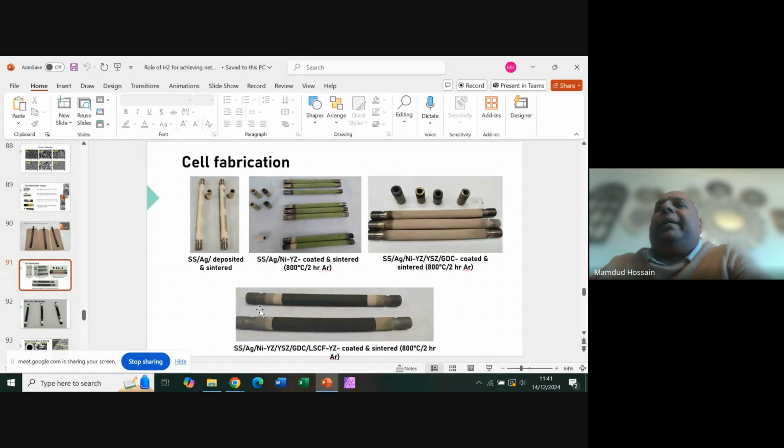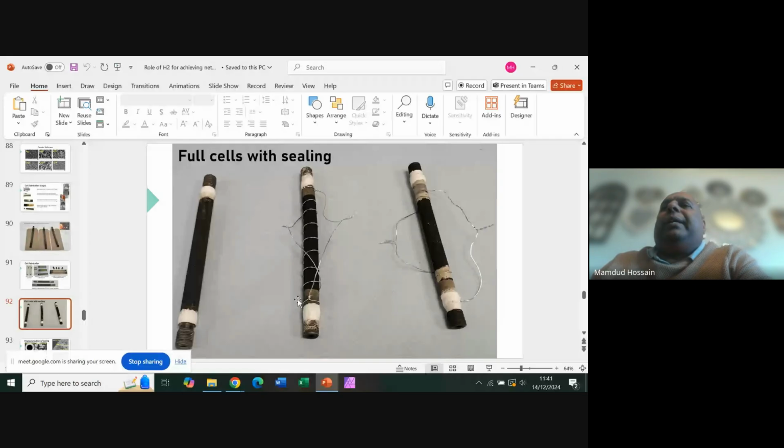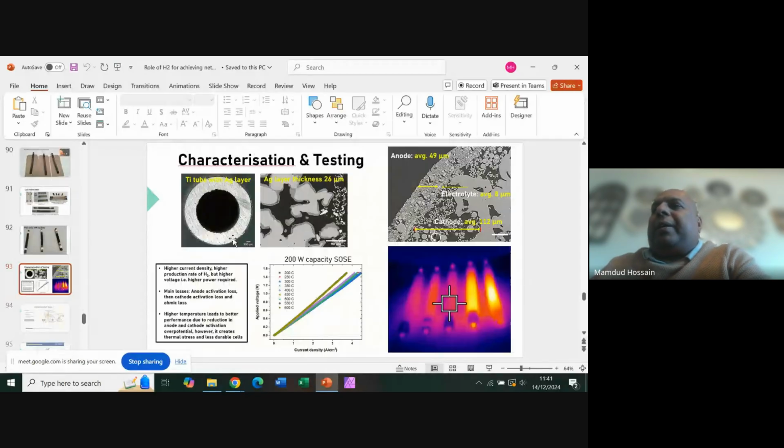So we have the exposed area here: anode, electrolyte, cathode. On that tube, we now need to put electrical connections, as we pass some DC voltage. Both ends are exposed. We have the cathode area exposed, and we connected it with a wire, and this surface is anode, and we connected it with a wire.